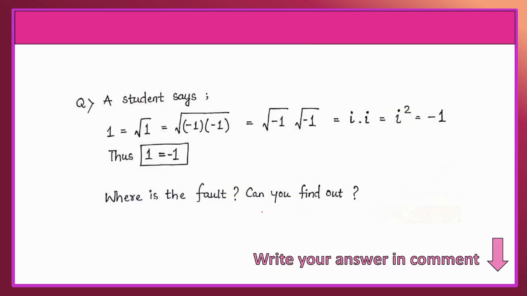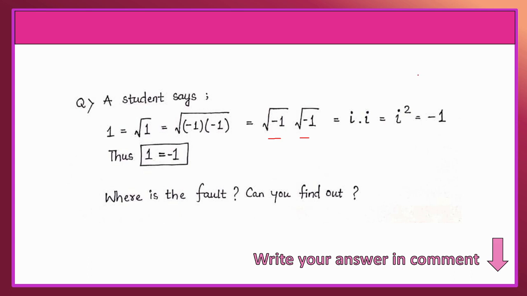So let's see one interesting question. A student has written like this: 1 equals root of 1. Yes, he is right. Then he writes root of minus 1 into minus 1. Then he is separating the roots. Then we know that this is i and this is i, so he writes i into i, which equals i squared.